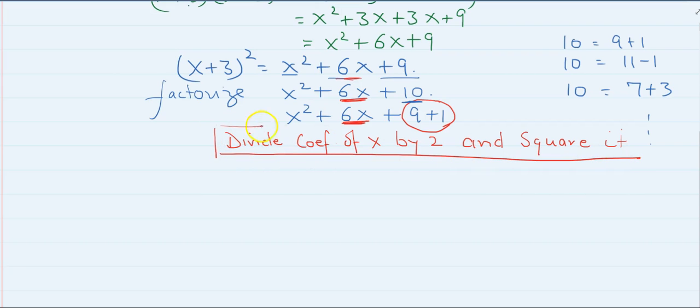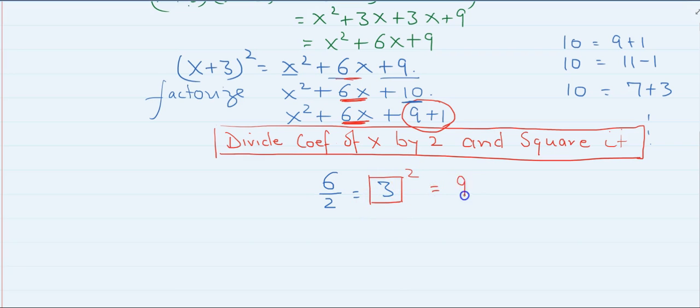This is a very important rule, and most of the questions you will be able to solve by this method. Now here the coefficient of x is 6 divided by 2 that is 3, and whatever is your answer, you square it, that is 9. So that's how I got 9.